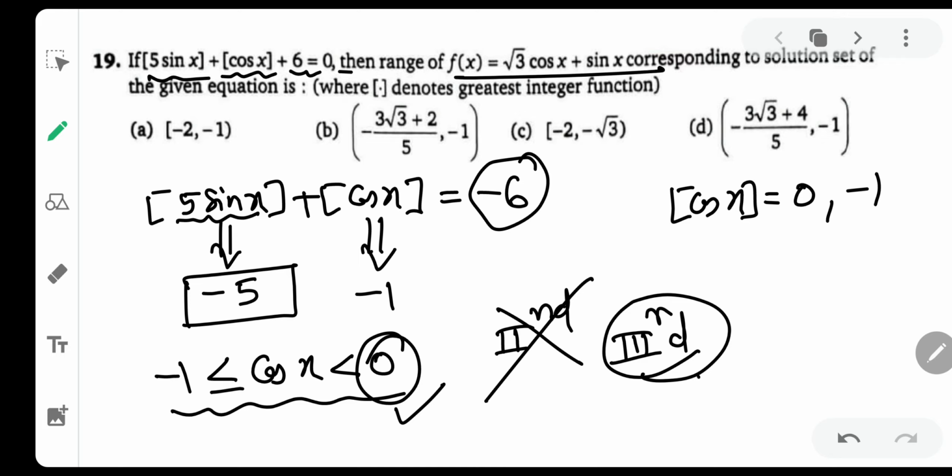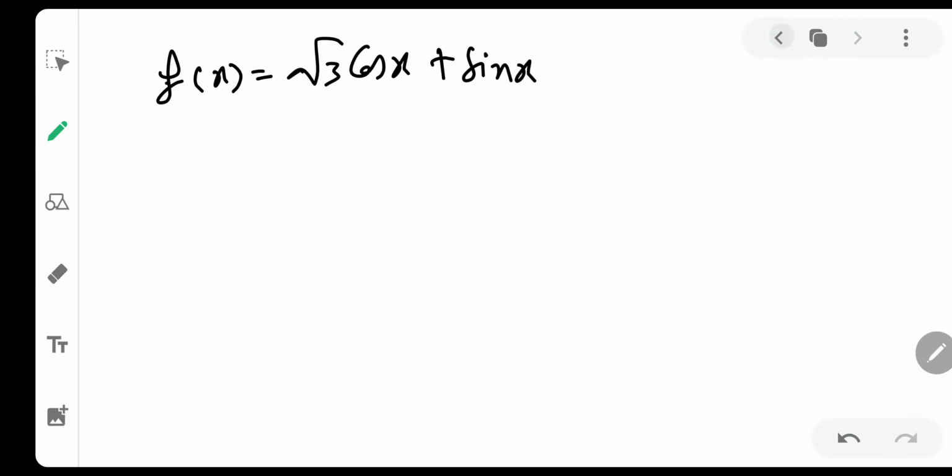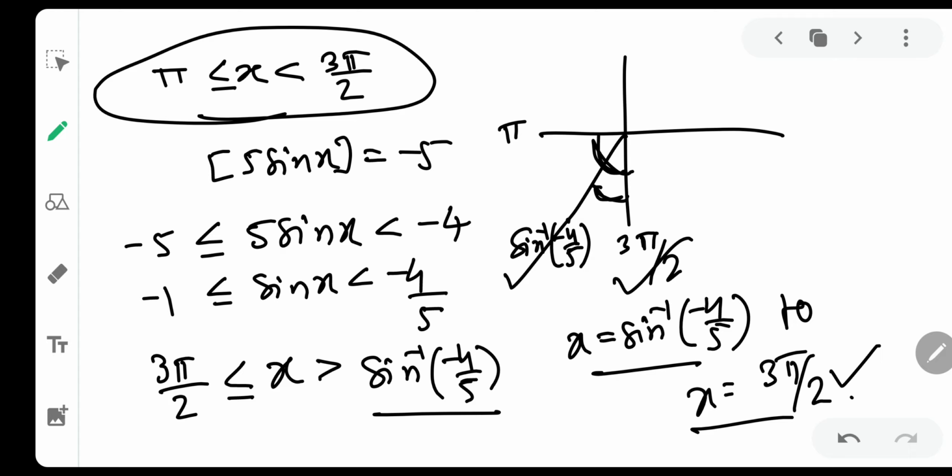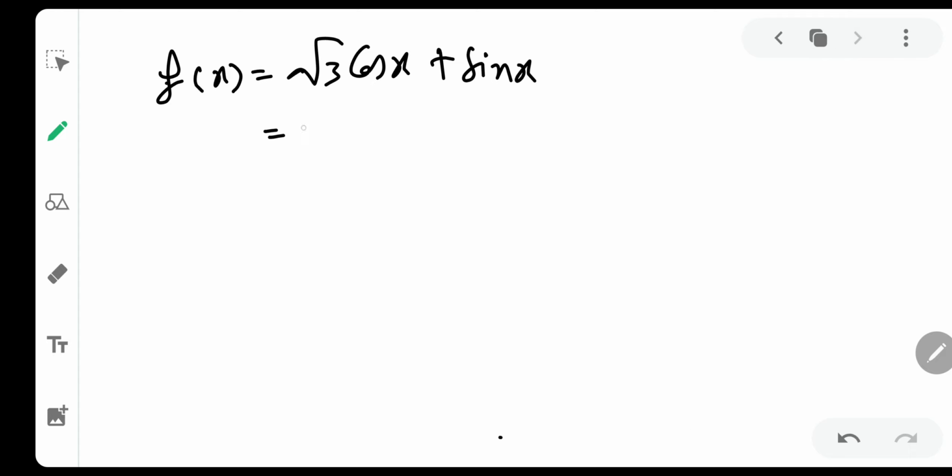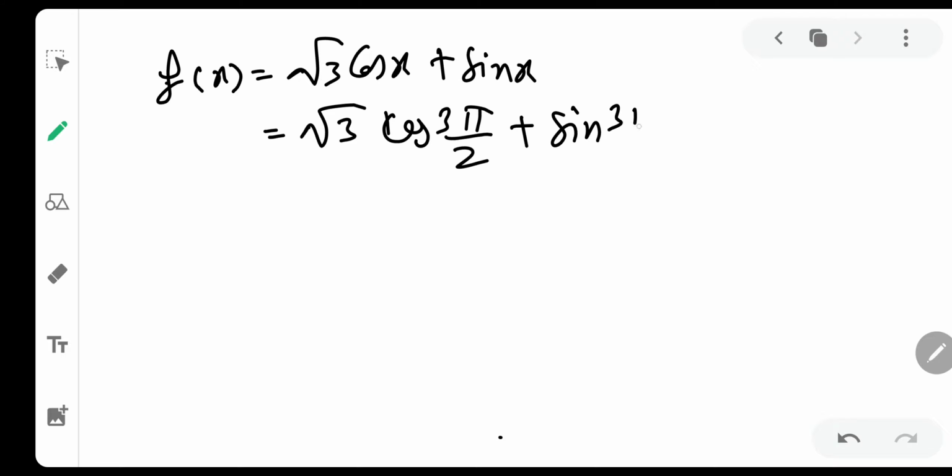f of x is root 3 cos x plus sin x. So let us just write down f of x equal to root 3 cos x plus sin x. Let us deal with the easier part first by putting x as 3 pi by 2. So this will be root 3 into cos 3 pi by 2 plus sin 3 pi by 2, and very easily you can notice that this is equal to minus 1.